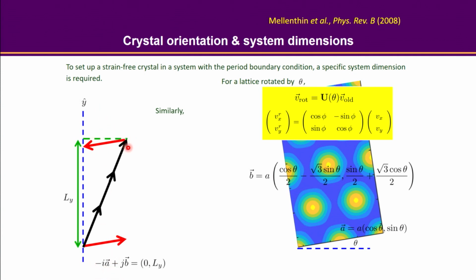And once I have done that, I end up with x coordinate equal to 0, and whatever the corresponding y value is going to be my system dimension. If I guarantee that x equals 0, it means I will find one atom here. Initially I have an atom here, and that will be the other atom here, so it's going to be my periodic structure occurring along this direction, right? Make sense? Okay.